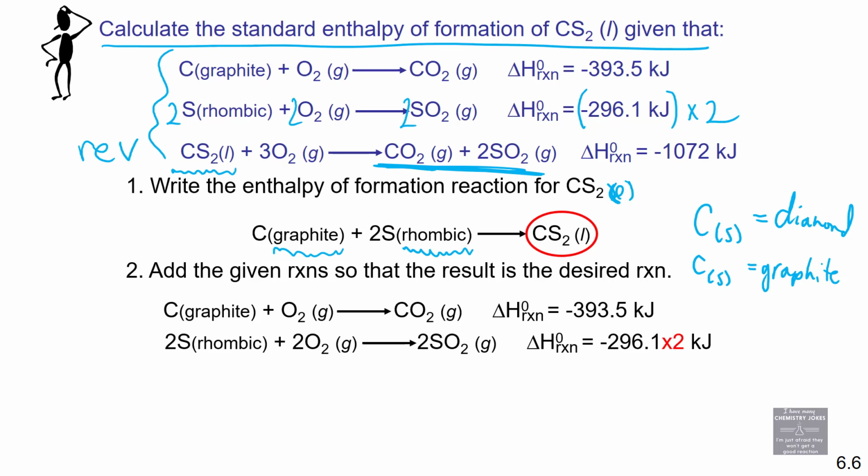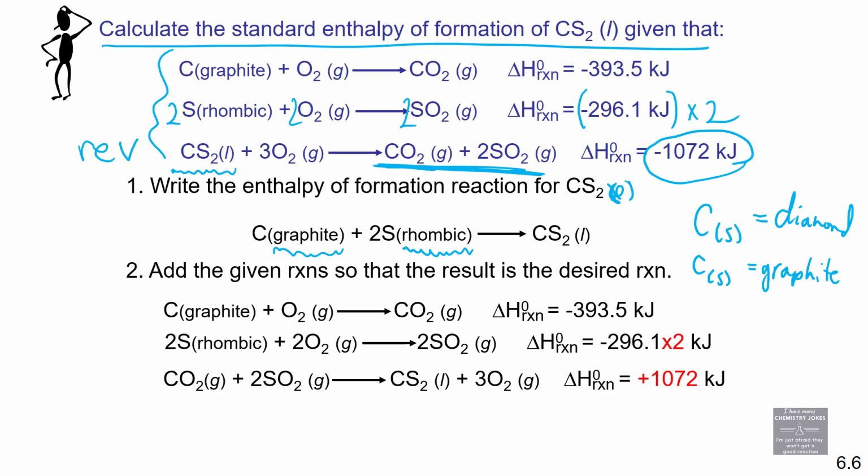When I reverse an equation, it means I change the sign on my delta H. Reverse an equation, reverse the sign of delta H. There's my reversed equation with my reversed sign, and my CS2 liquid is appropriate in the product spot. So then I'm finally ready to sum together these reactions.